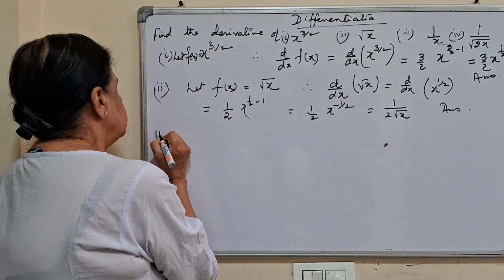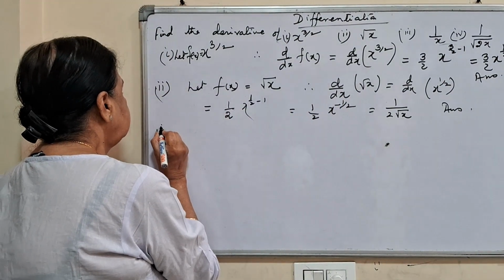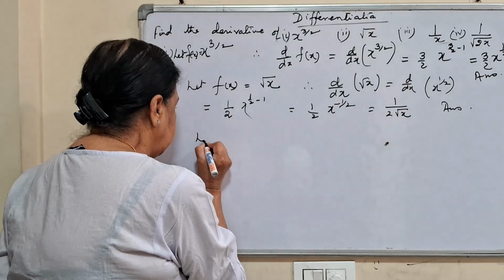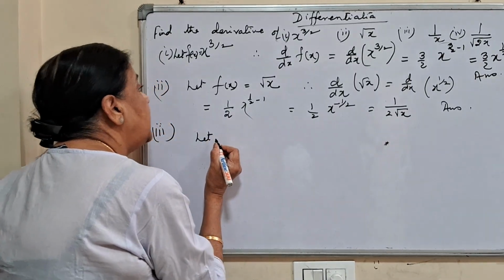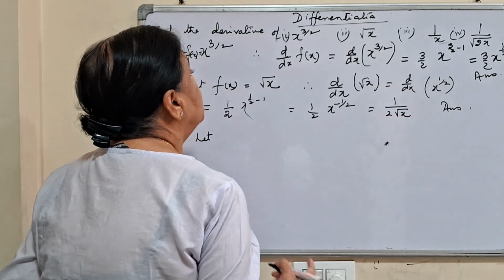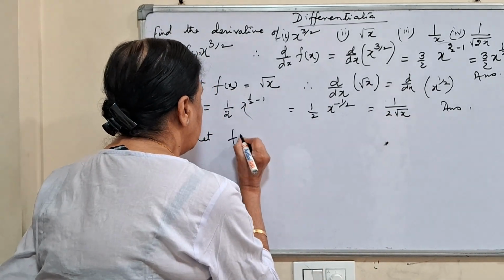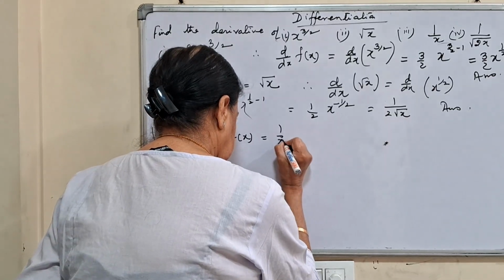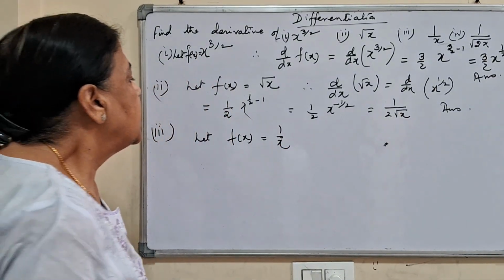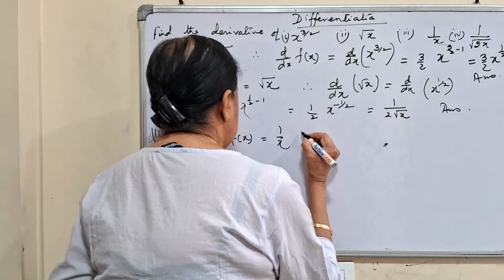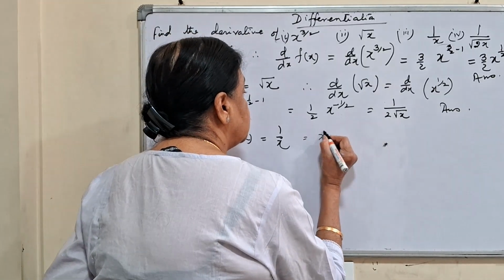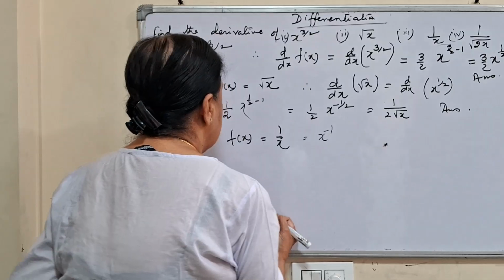Then third, let f(x) is equal to 1 by x, that is equal to x raised to the power minus 1.